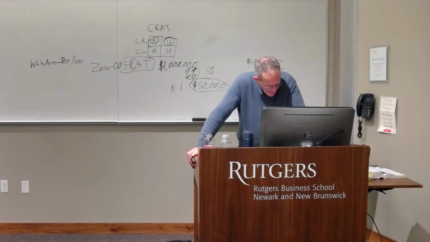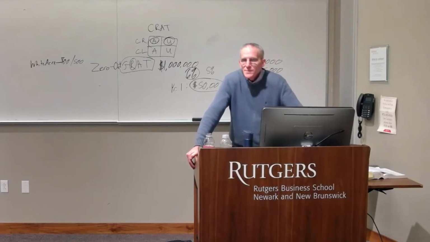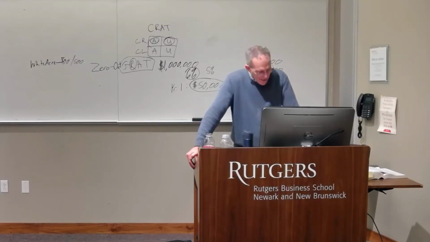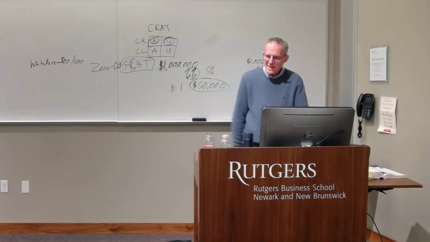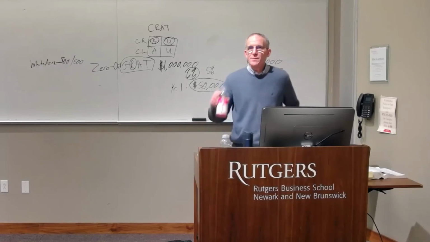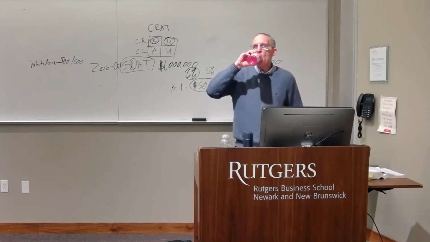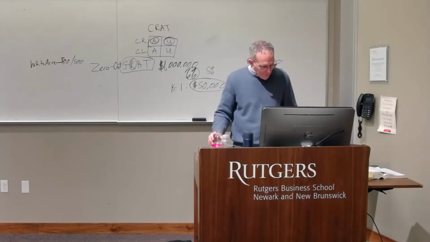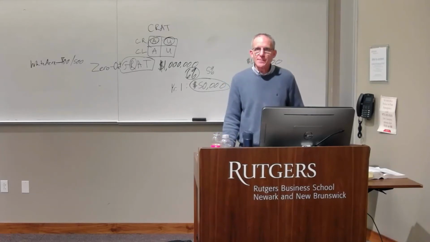It has to pay $5,000 to Pete. That's $4,000 of capital gains. But what rules the day here? Why is the answer what the answer is? 6B.